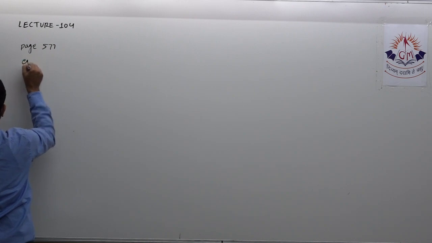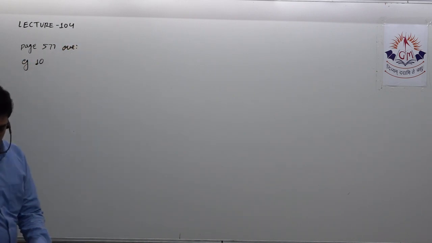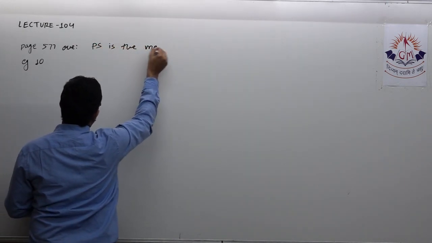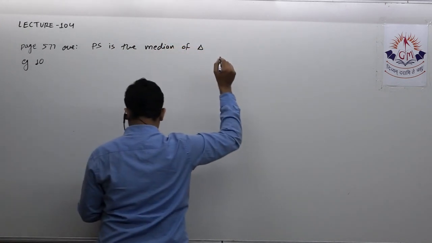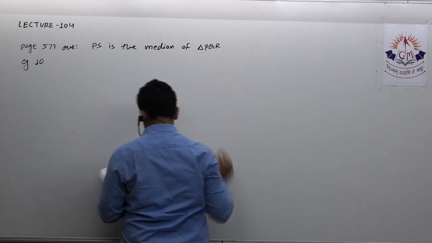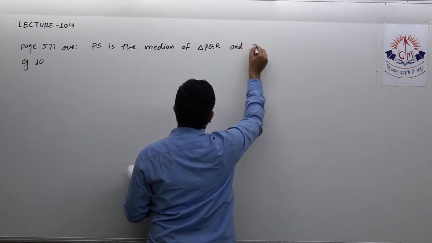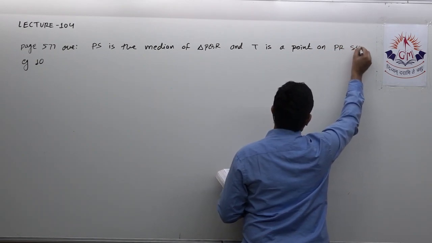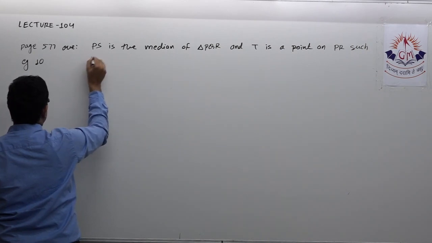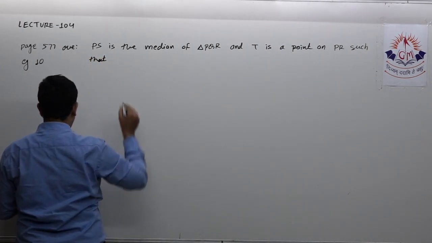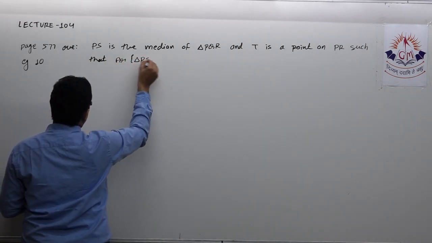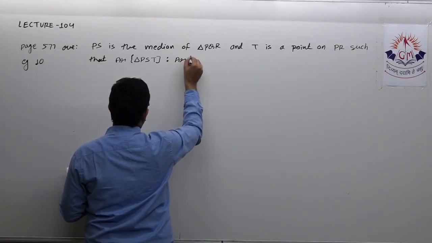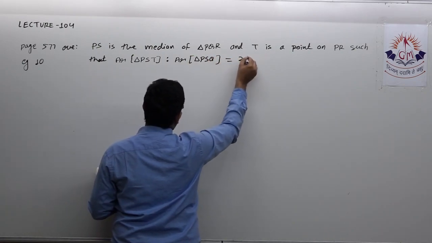PS is the median of triangle PQR, and T is a point on PR such that area of triangle PST is to area of triangle PSQ as 2 is to 3.